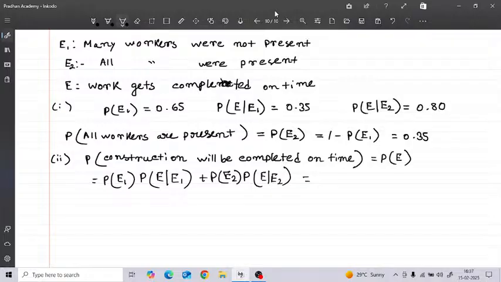So we have all of these values, so let's put them. 0.65 into 0.35 plus 0.35 into 0.80. Calculation is easy, you can easily do it. The answer is 0.51. You will get a calculator in the exam hall.